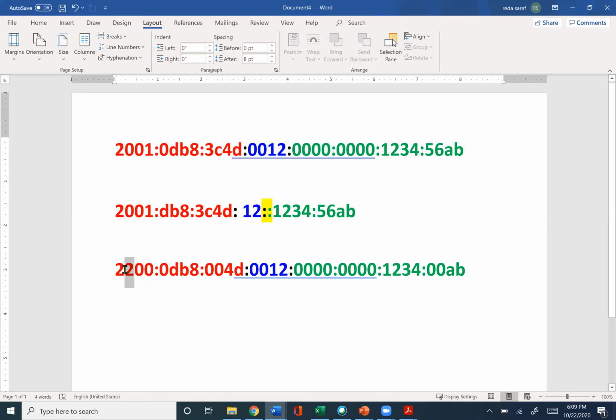So these are the leading zeros. Any leading zeros could be taken off. If they're not leading zeros, then we don't do anything to them. We just keep them. That's what we call zero compression. We compress these zeros, and the leading zeros are basically what you see up front. Good job.